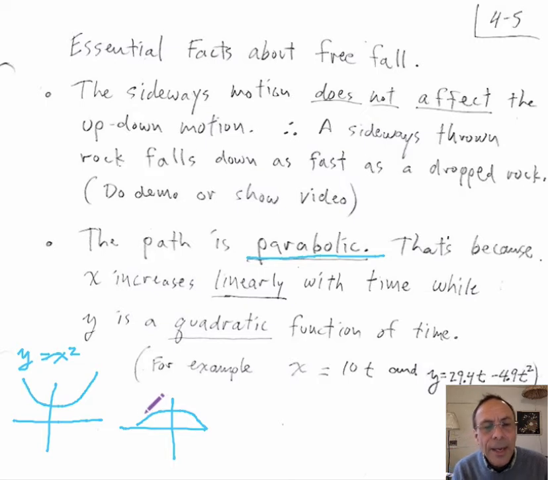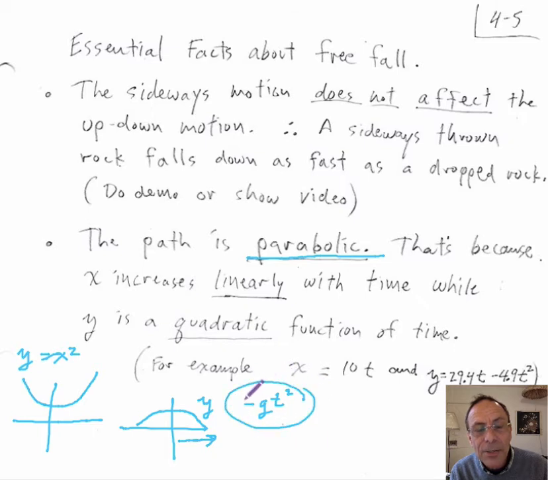It's upside down, but the reason why this is happening is because the y position entails a negative gt squared term, and so x is going to be increasing linearly with time, whereas y is going to have this term in it, and so you're going to wind up with an upside down parabola.